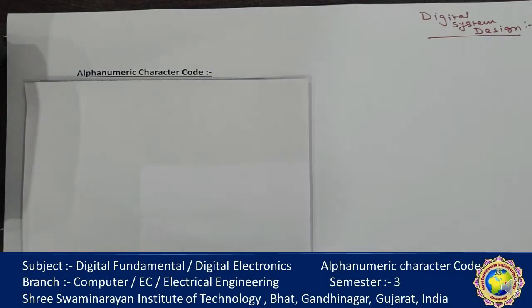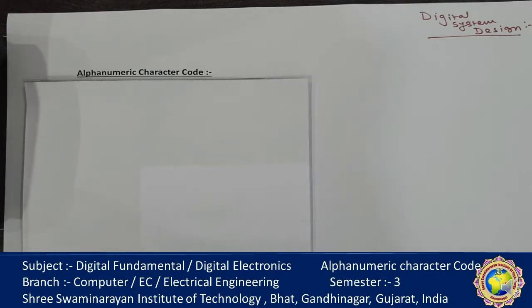In all the last series of this subject, we discussed the coding systems related to decimal numbers. But as we know, in a digital computer, not only decimal digits are important.